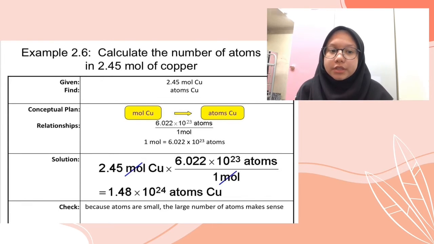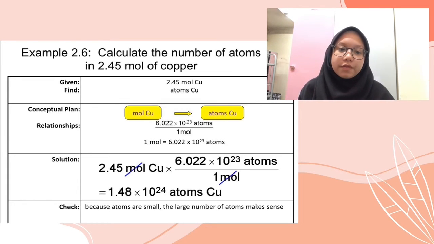The first step is we have 2.45 moles of copper multiplied by 6.022 times 10 to the power of 23 atoms divided by 1 mole. So we will get 1.848 times 10 to the power of 24 atoms of copper. Because atoms are small, the large number of atoms makes sense.